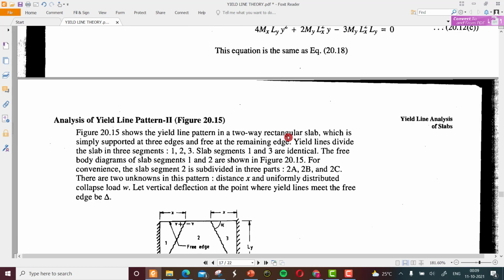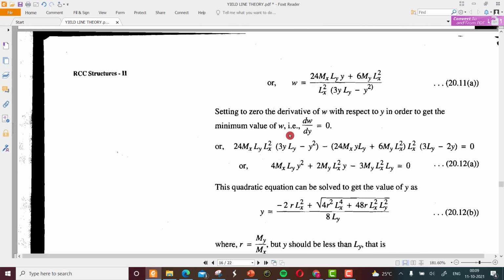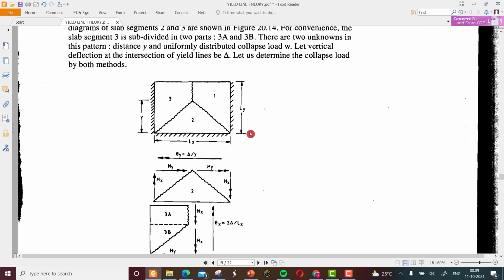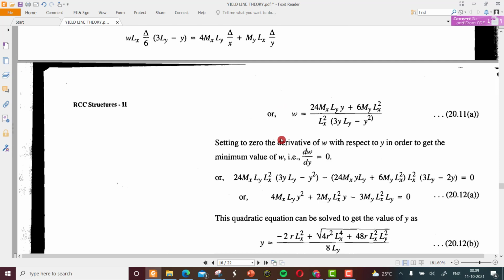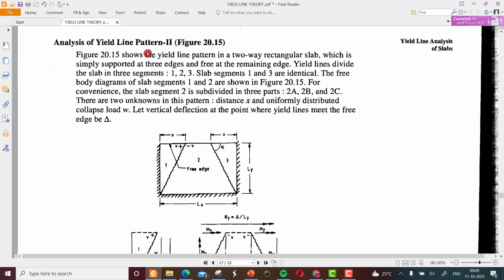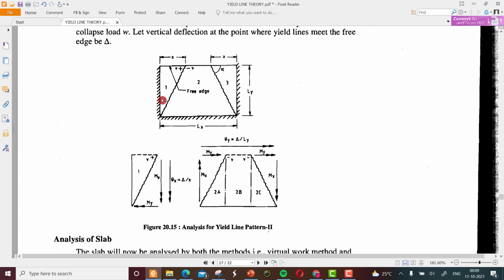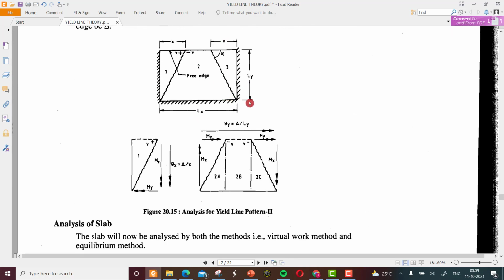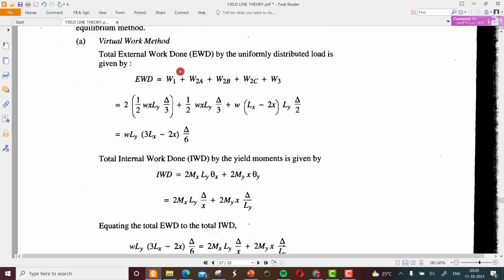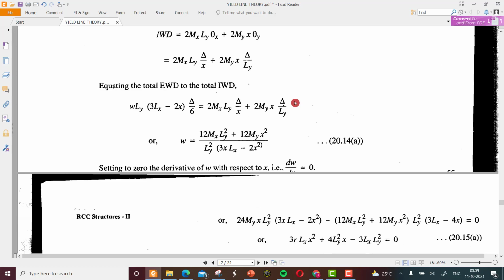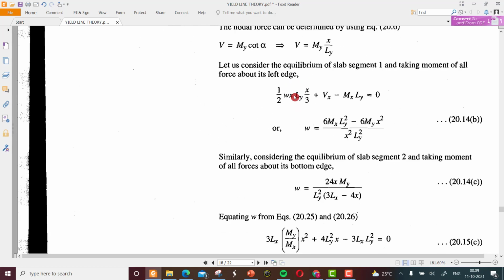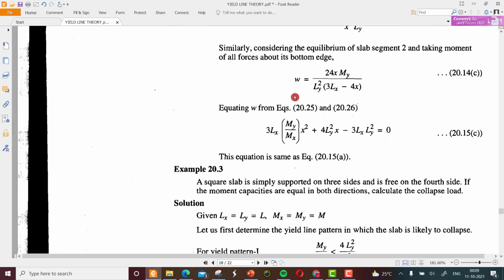And there is a chance of one more yield line in addition to this, which is given here as the second yield line pattern. This also we can analyze by the FBD diagram for the virtual work method and the equilibrium method, and we can solve for the equation.